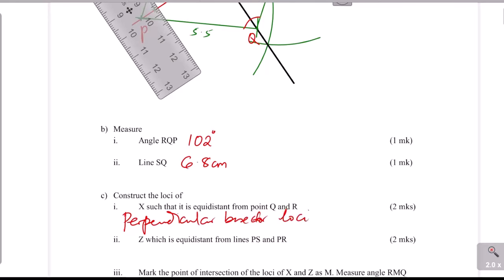Loci, meaning we are going to construct the perpendicular bisector of the distance between these two fixed points, that is Q and R. So let me go to the diagram.